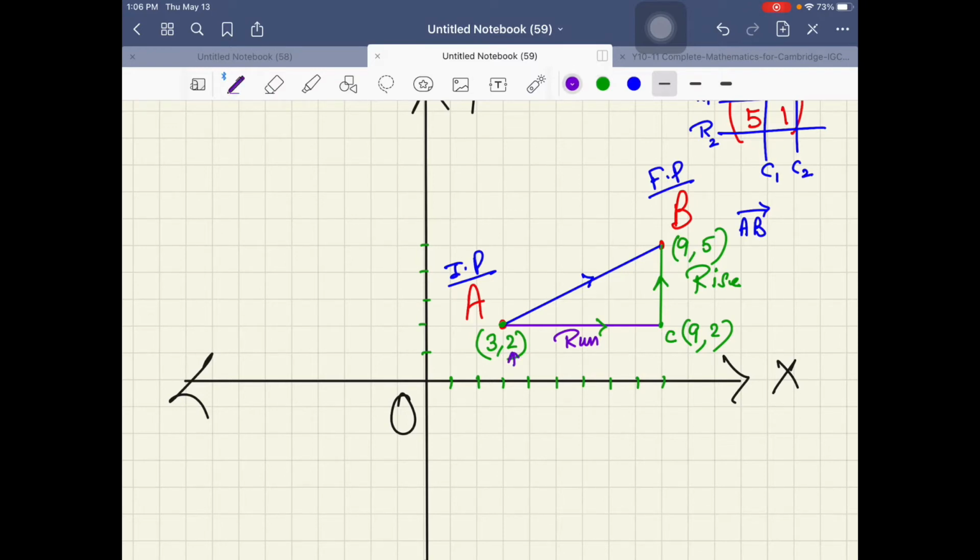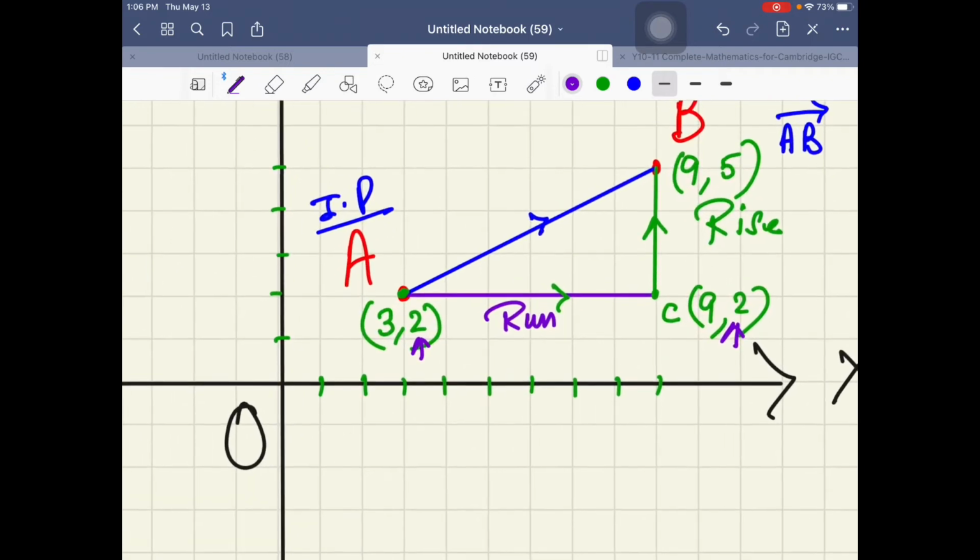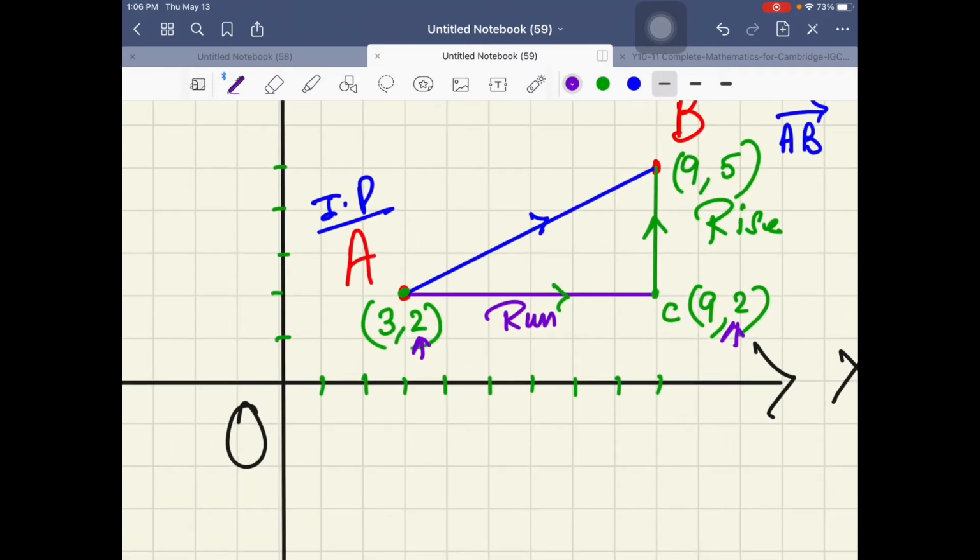The y value remains the same. So if you subtract the x value of C and A, that means 9 minus 3, x value of C minus x value of A, you get 6 as a run.